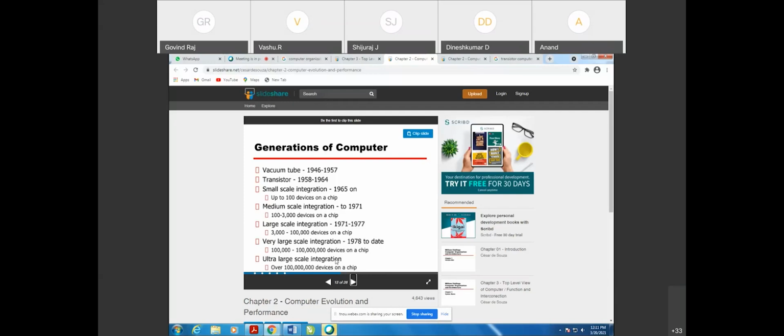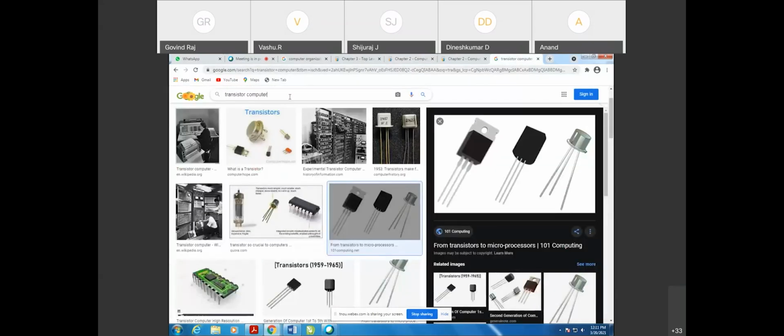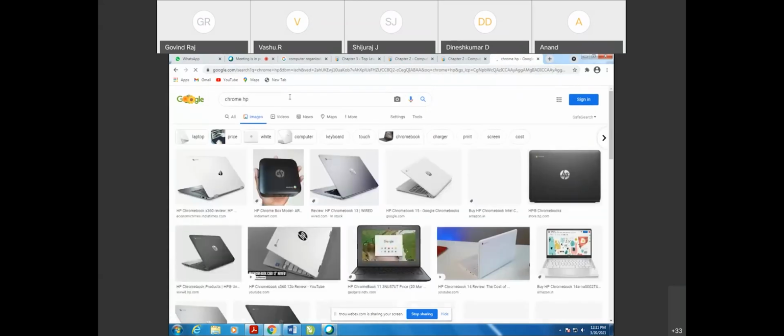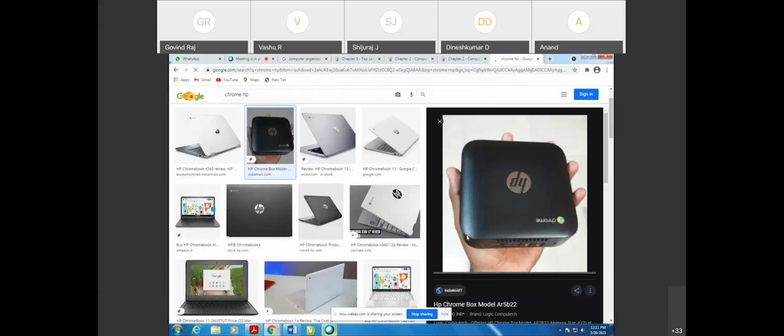That is, we are bringing down the size of the computer. Nowadays we can see the CPU size is this size. For example, this is the size of the computer CPU. This is the CPU. If you want to give a component in such a reduced form, you have to reduce the size of the component, whether it is a processor or the RAM or the motherboard.